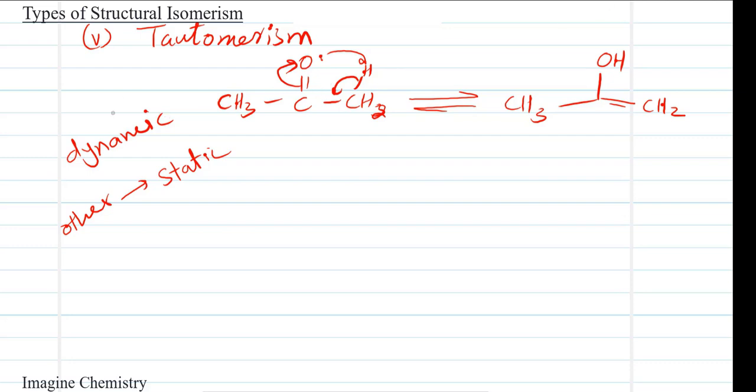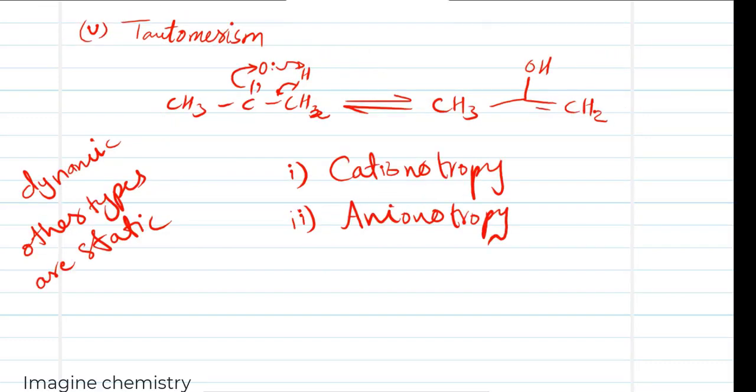This tautomerism can also be categorized into two main types. The first one is cationotropy, and the second one is anionotropy. In the case of cationotropy, the moving group inside a structure will be a cation.